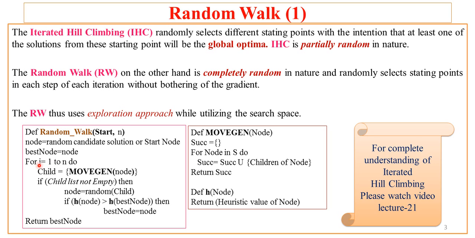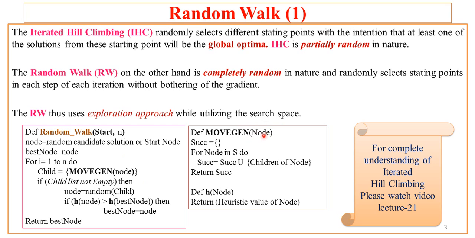Now for a certain n number of iterations, it takes the initial node and it tries to get the information of the child nodes of the current node. So here the MOVEGEN function is called for the given node. And how does MOVEGEN work? Let us focus on the sub algorithm of this random walk algorithm.